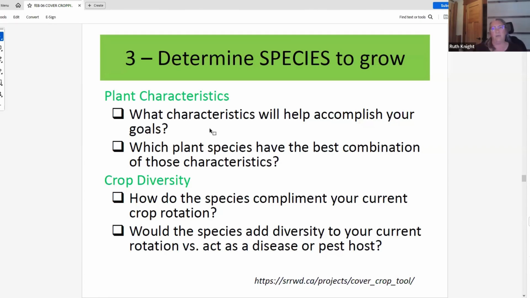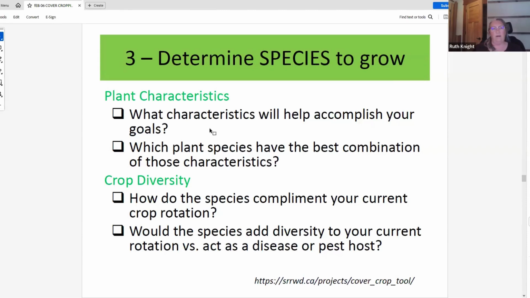So we've talked about species that are good nutrient scavengers, as they might have lots of fibrous roots to take up additional nutrients that are left over after your crop, or that you're really wanting to amplify with deep-rooted species that are bringing nutrients up from lower in the soil profile, or there may be legumes that are fixing nitrogen.